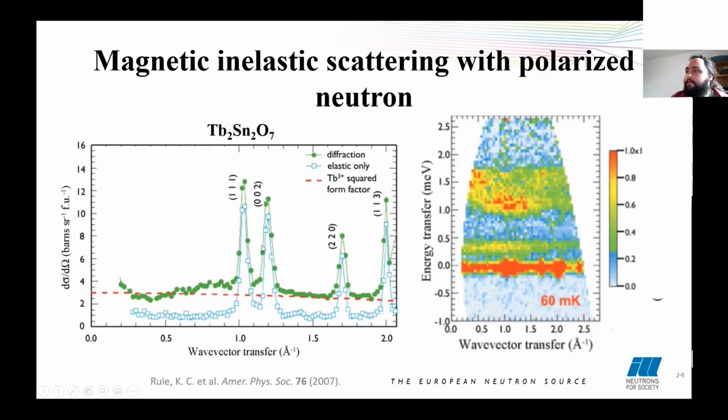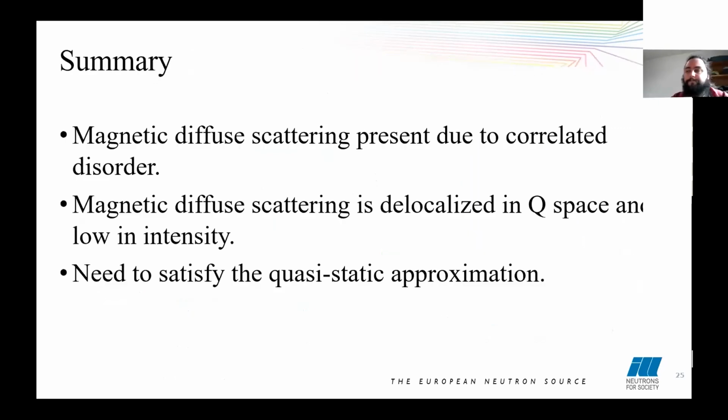The diffraction scattering, after subtracting the elastic, you end up with values of 1 to 2 units, while here our maximum is about 10 to the minus 3. And on top of this, the excitation would have been engulfed by these two elastic peaks. So this was a case where uniaxial polarization analysis and polarized neutrons were extremely necessary.